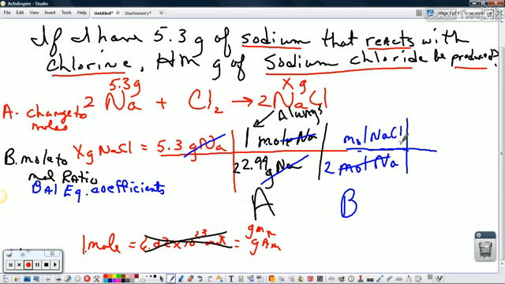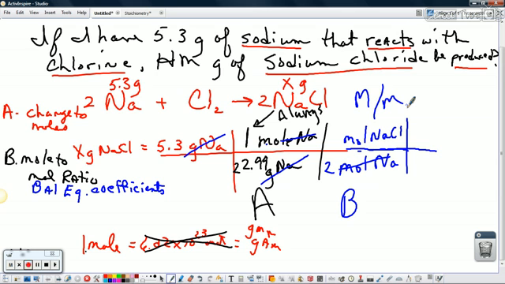Now I abbreviate the mole-to-mole ratio for the rest of the year. When you see M/M written up there, that means mole-to-mole ratio. Eventually, I'm going to quit writing in the numbers. I'm just going to put the M/M, and you're supposed to know what goes in that spot. All right, so I'm looking at moles of NaCl. Look at the balanced equation.